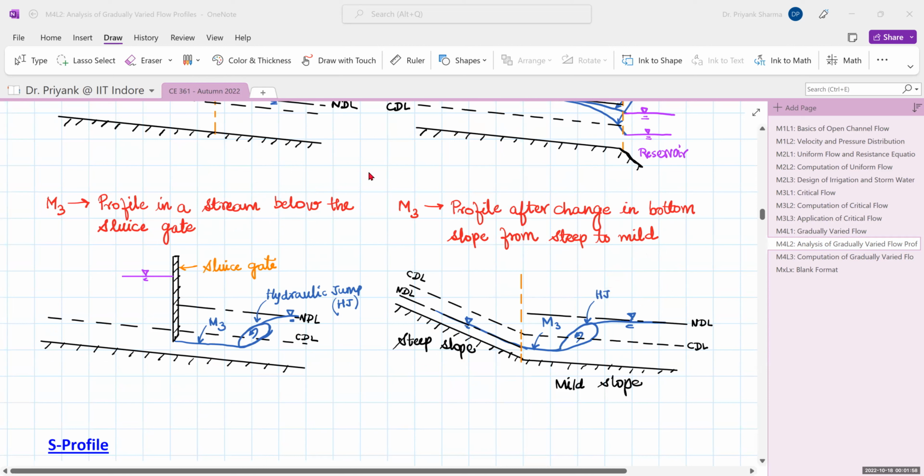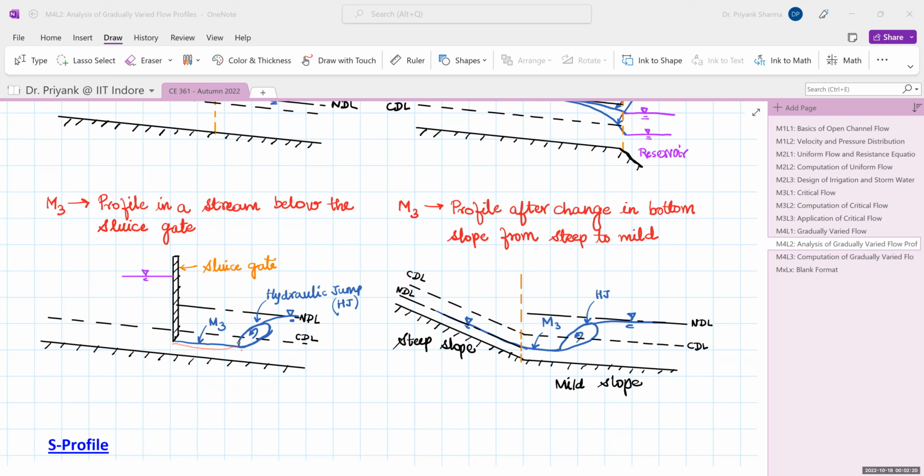Now the M3 profile that is formed just below the sluice gate. So this is a sluice gate, so there is water being ponded upstream of the sluice gate, and we just raise the sluice gate, so water would rush out, and then it will be having a backwater curve.